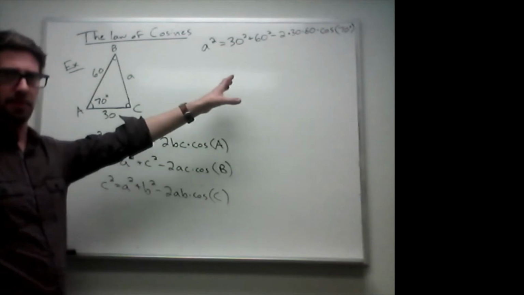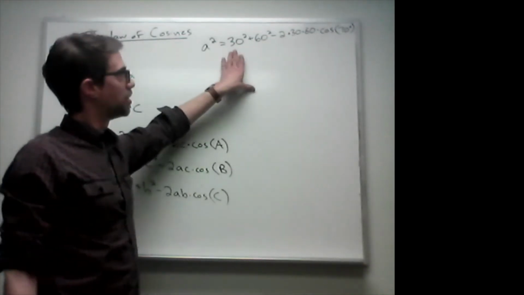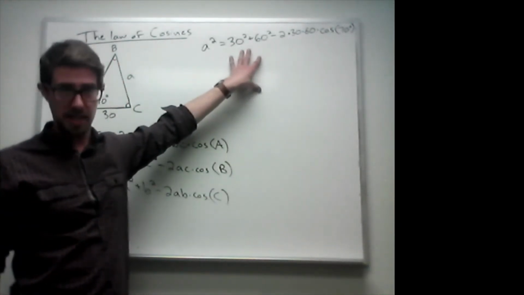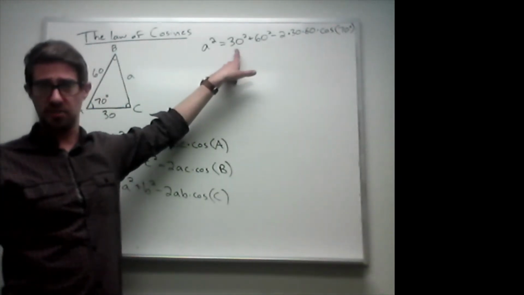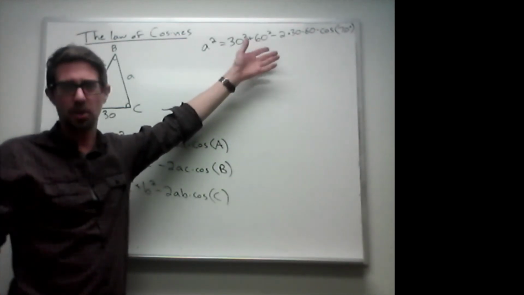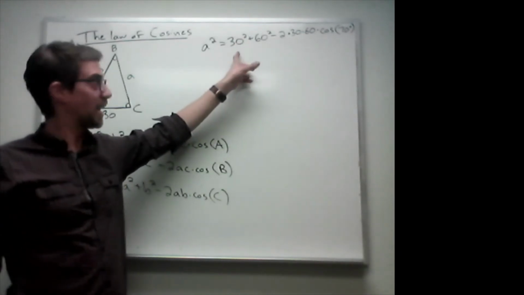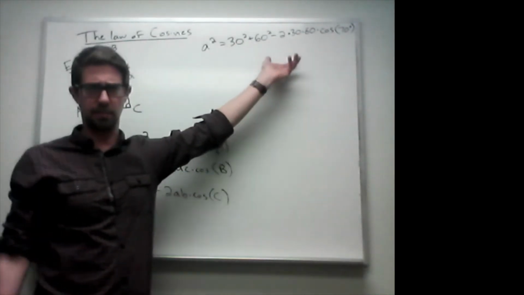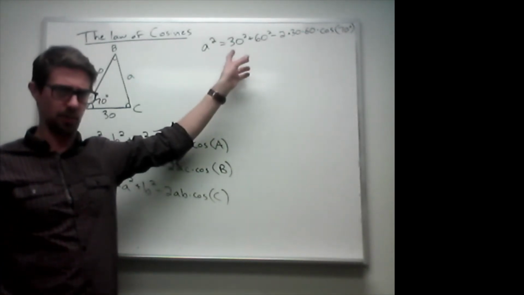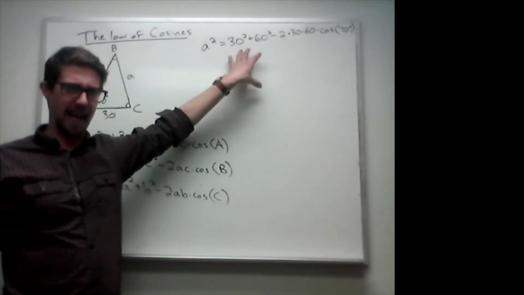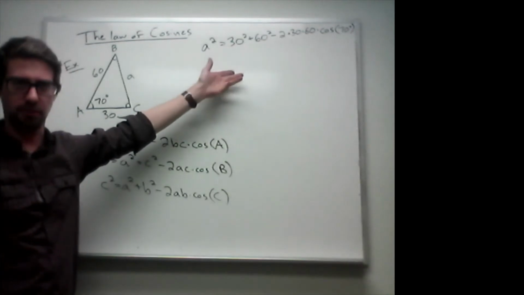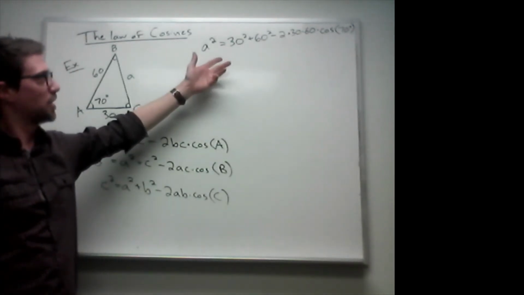There's a couple things we have to keep in mind here. I would do this all on your calculator. If I were doing this problem, I would not show any of this work. 30 squared is 900. Sure, anybody can tell me that. 60 squared is 3600. But I don't really care to see that. If you smash this all into your calculator, you're just going to get some big number that's a decimal. Just be sure you're careful with things like parentheses if you need them, which you really don't need them.